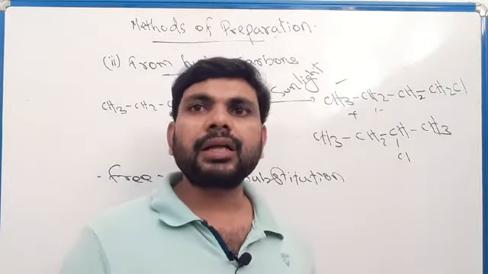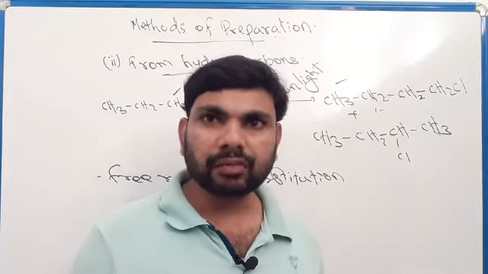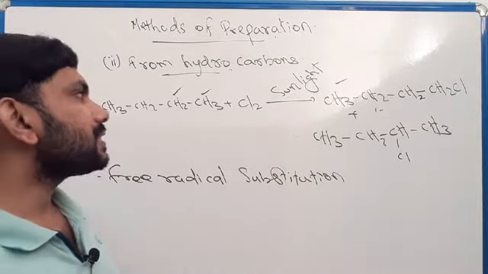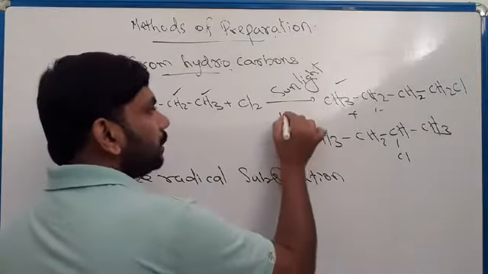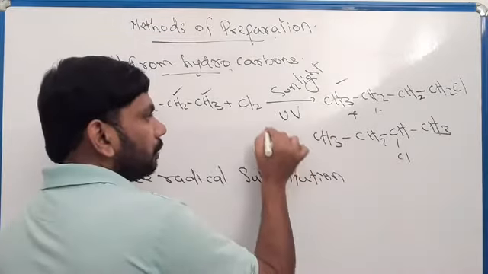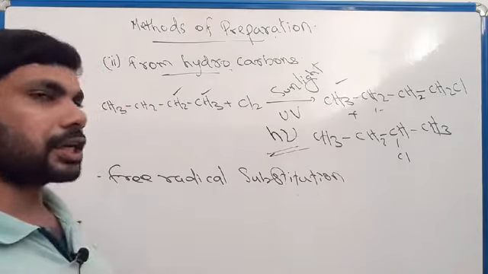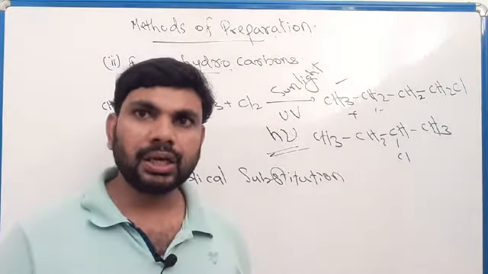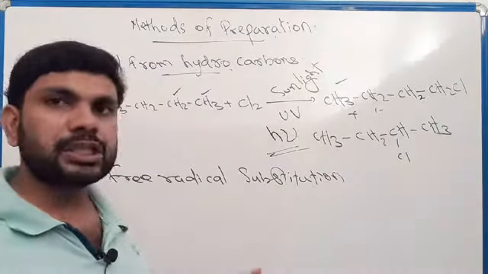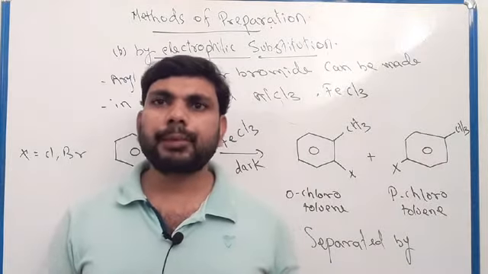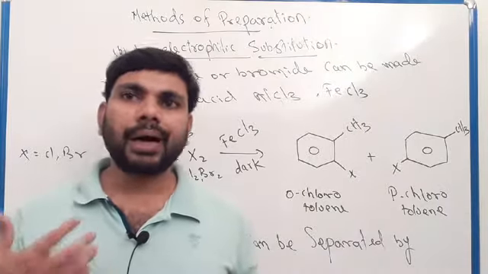This type of chemical reaction is called substitution reaction, and it takes place in presence of sunlight, or you can say UV light, or we will represent it like this, h nu. Condition for this chemical reaction, sunlight and heat. This is free radical substitution reaction. Clear? So here we discussed preparation of haloalkanes from hydrocarbon.